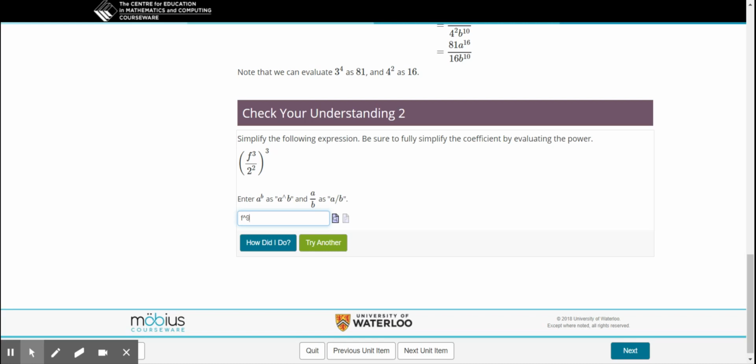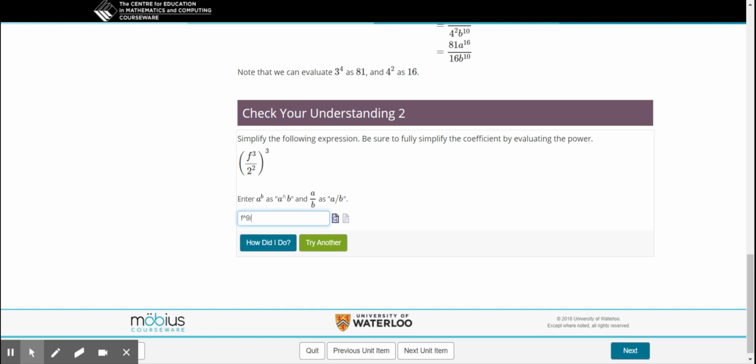Of course, you might need to be doing this with paper and pencil. We're walking through the example here just by voice, but please feel free to grab paper and pencil as you need. And then let's do this symbol that indicates division, the one that is on our keyboard. And then we're going to do 2 squared cubed. By the power rule, we multiply the exponents.